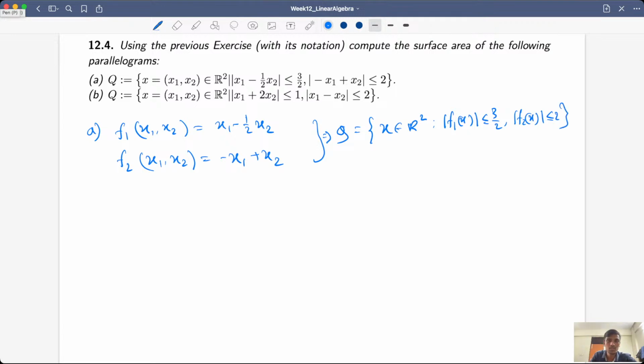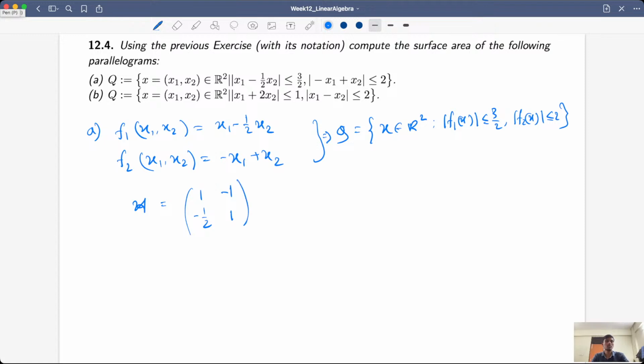Then from the previous thing, to determine the volume of this Q you need to calculate the determinant of the transition matrix. So the transition matrix in this case is 1, minus half, minus 1, 1.